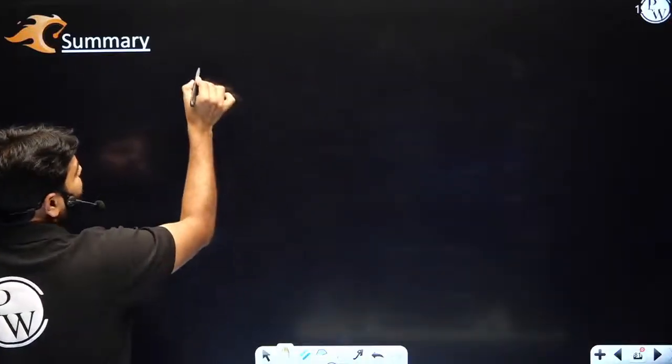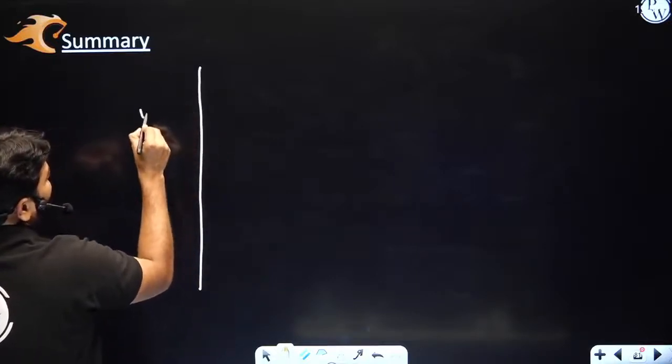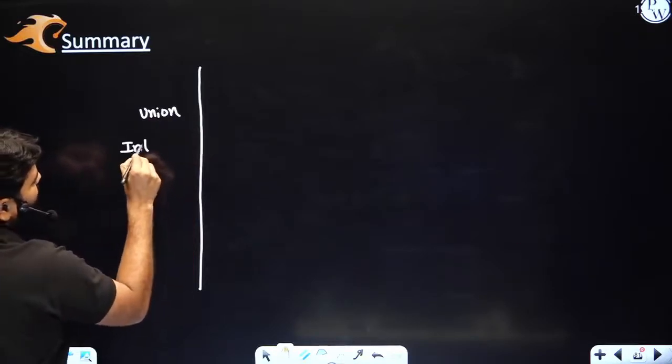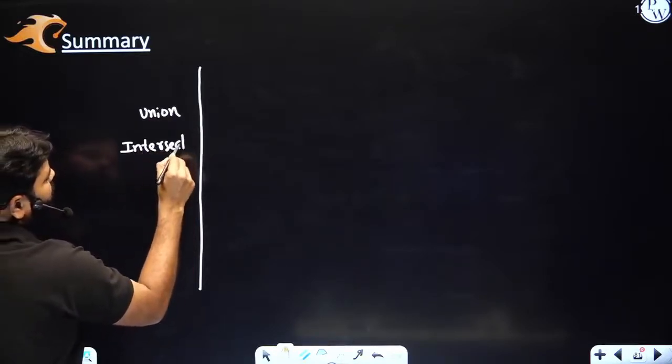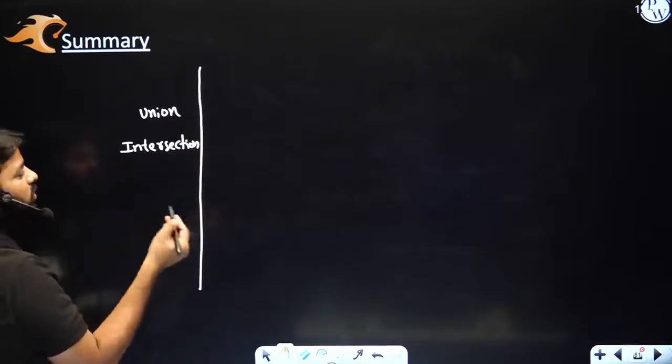Overall, here we have learned some of the important concepts. Like I told, I'm just making the table. I'm giving the homework for you to fill this table. Like you have learned union, you have learned intersection, and this will help you a lot to solve many questions in coming GATE exams, and you can also solve the PYQs.